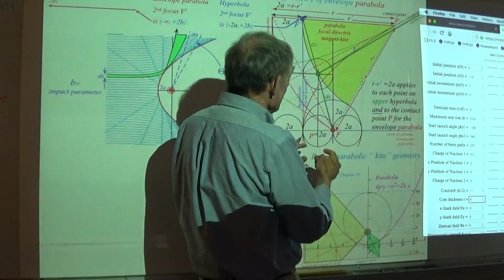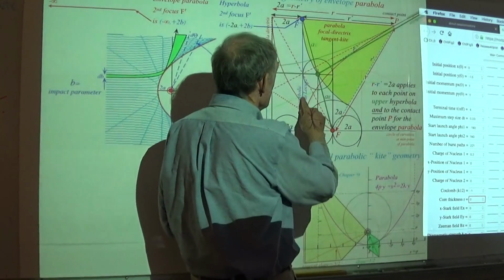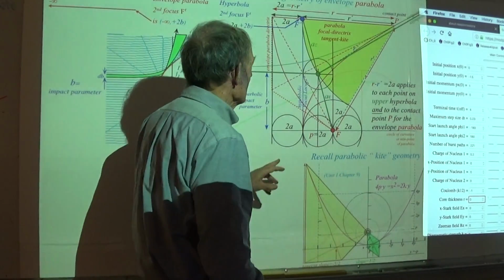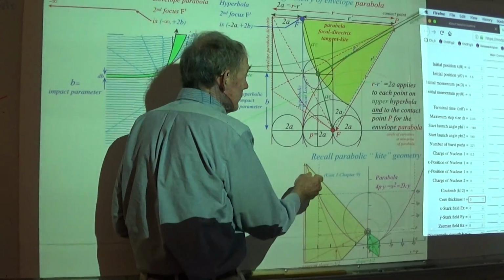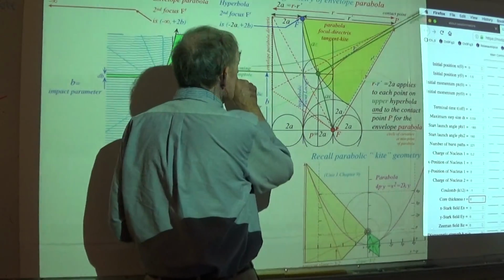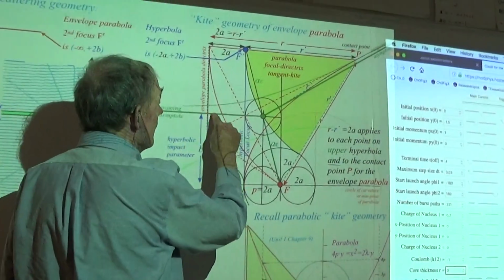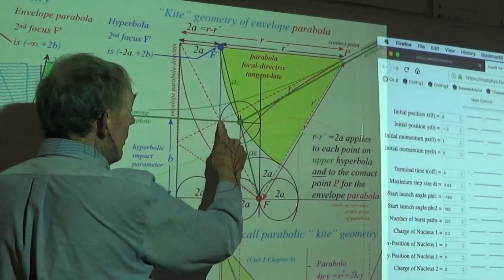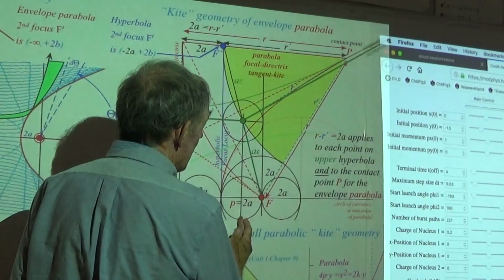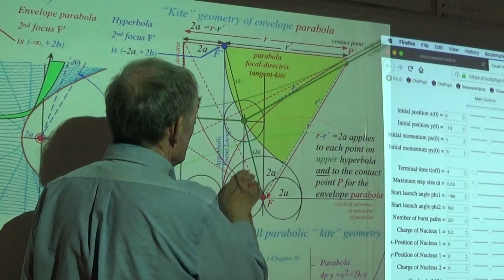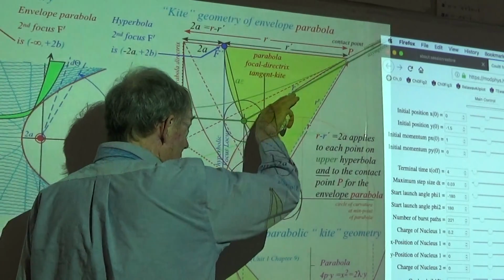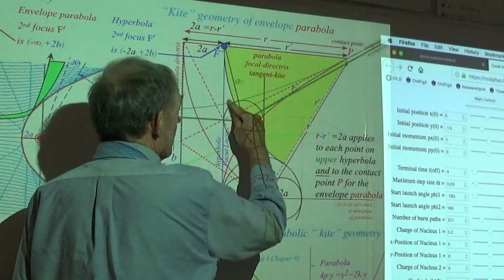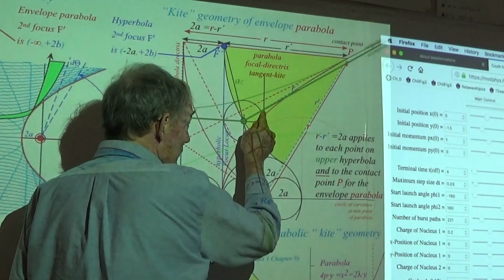But remember that the second focus is on this focus locus right here, the second focus locus. Okay, at this particular juncture, we've picked an impact parameter that's right here, and we just draw a line through there till it's above the center, and that's where you make the next asymptote. This is the forward scattering angle right there.